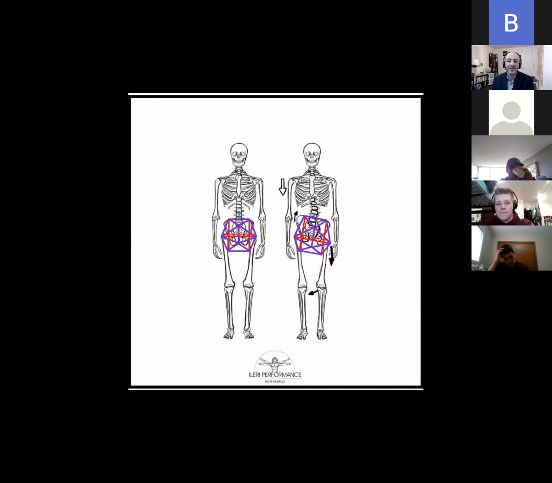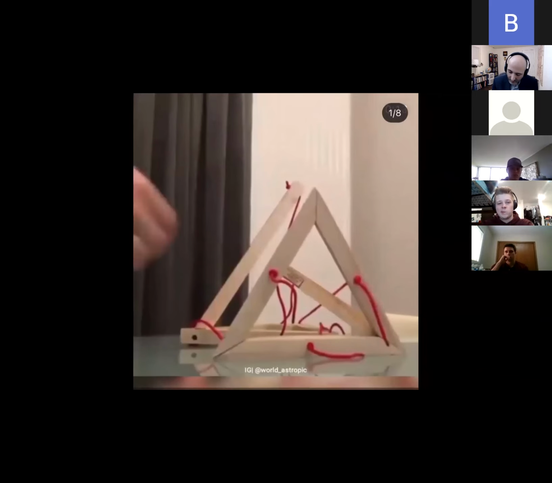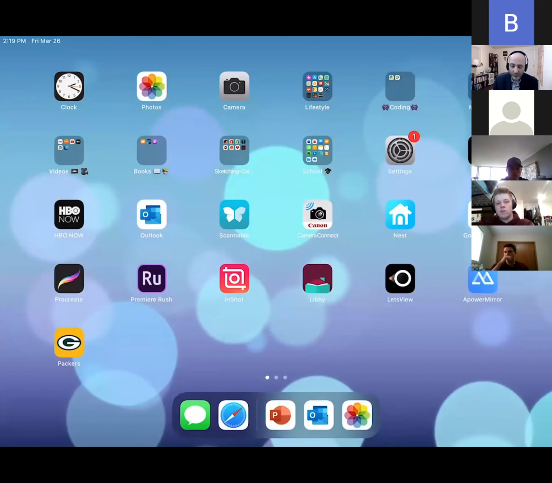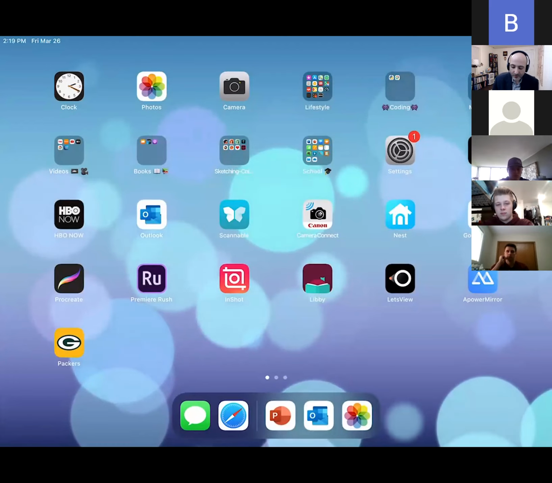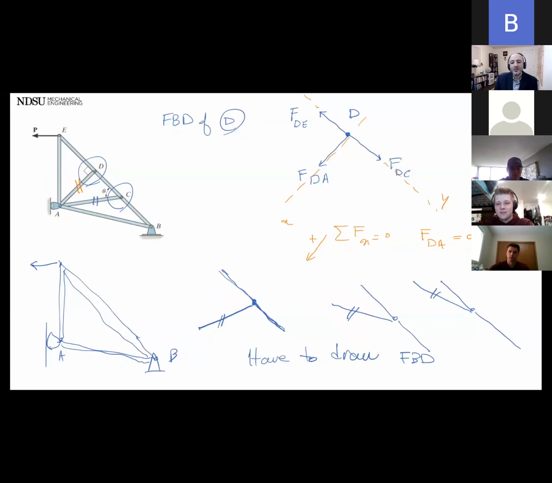All your muscles and tendons provide tensile load. Your human body is the best example of tensegrity.